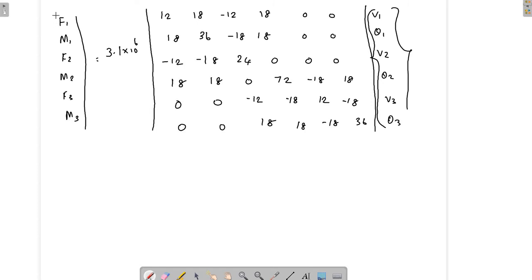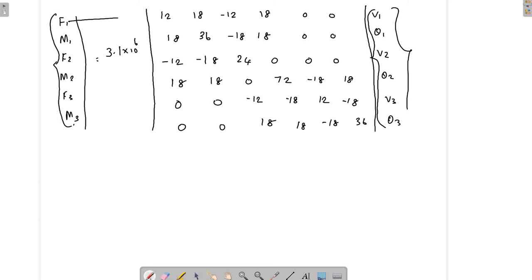So now we are going to apply the boundary conditions. So these two are in vector form, the intermediate matrix is in scalar form. So I am going to delete V1, V3, theta 1 and theta 3.